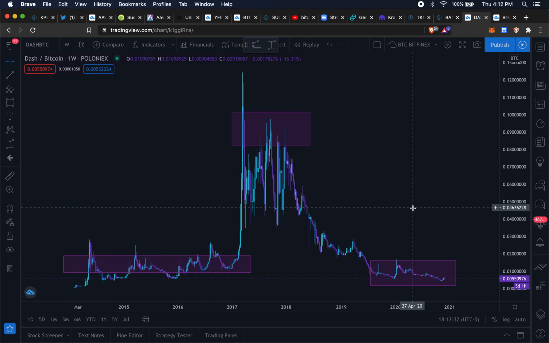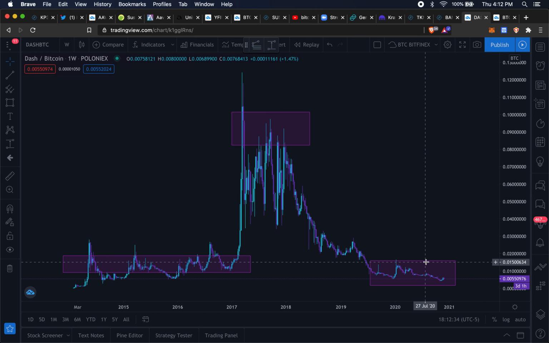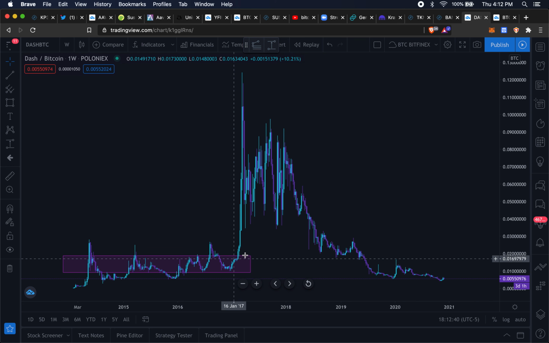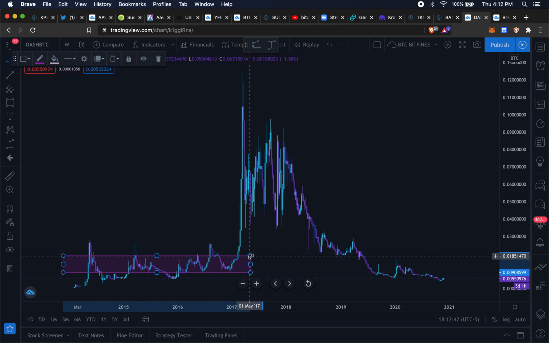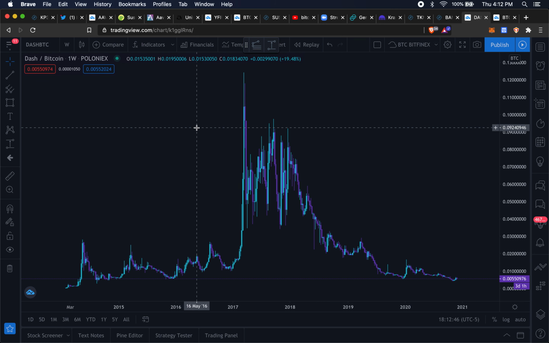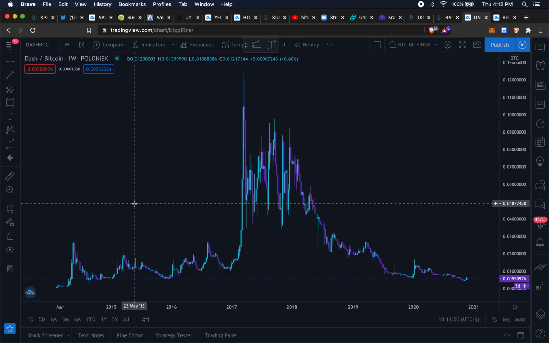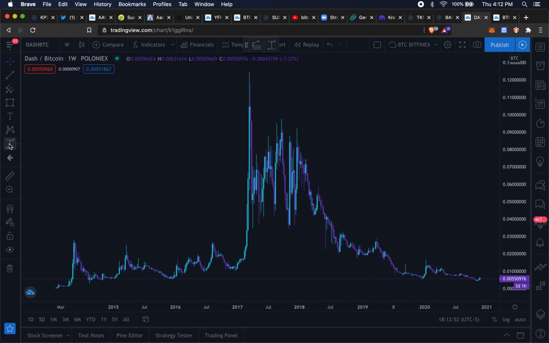So anyway, that's our market cycles in terms of altcoins. Now, I want to show you why it can be so extremely profitable to trade altcoins, especially in a bull market, on the Bitcoin chart. So looking at Dash here, we can use our percentage tool.